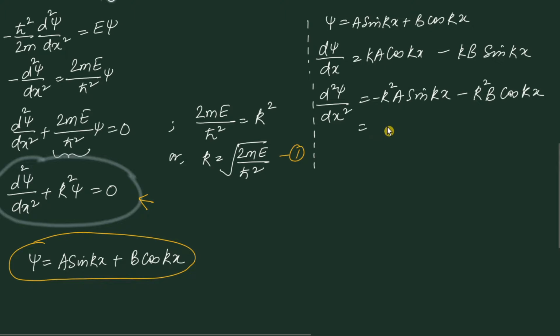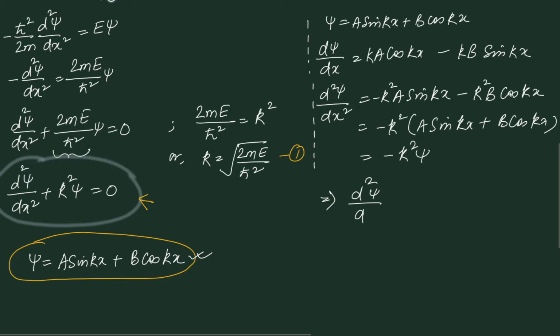If I take the minus k square term out, I end up getting a sine kx plus b cos kx, which is this particular expression. So this I can write as minus k square psi, or I can now say d square psi by dx square plus k square psi is equal to 0, which is nothing but this equation that we started with. Therefore this is the solution of this particular differential equation.